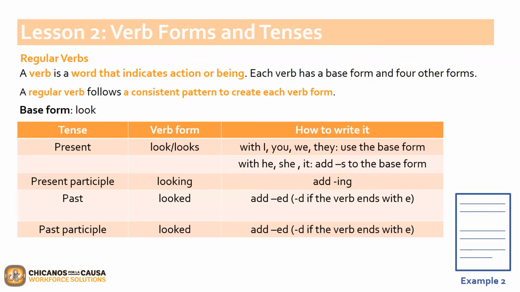For present participle, the verb form would be looking, and you would write it by adding ing. For past tense, the verb form would be looked, and you would write it by adding ed, or d if the verb ends with e. Lastly, for past participle, the verb form would be looked, and you would write it by adding ed, or d if the verb ends with e.